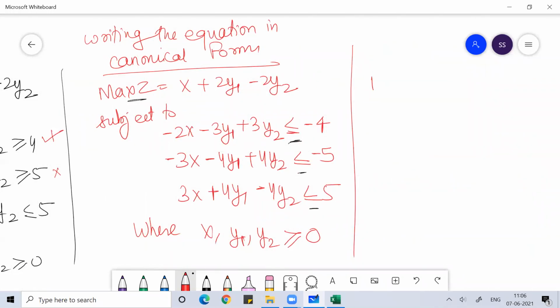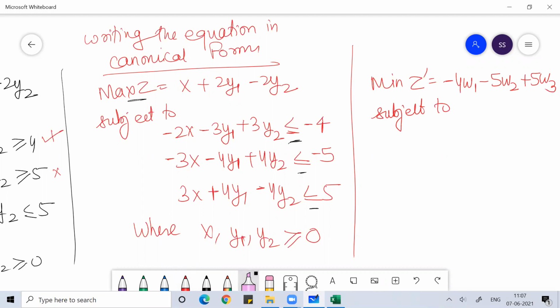So with the 3 decision variables, I write minima of z dash, and the RHS of the constraints will become the cost coefficients of the objective function. That would be minus 4W1 minus 5W2 plus 5W3, subject to, now just transpose these values: minus 2W1 minus 3W2 plus 3W3.